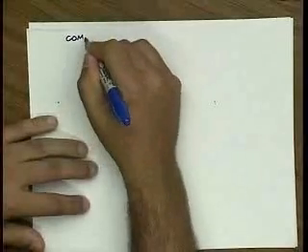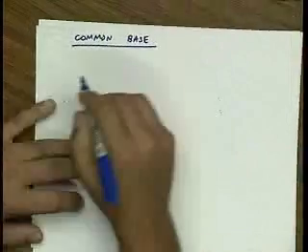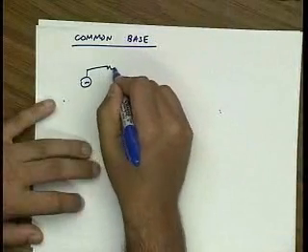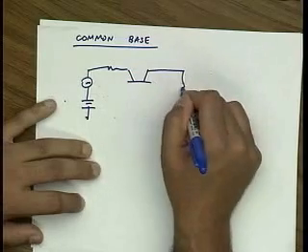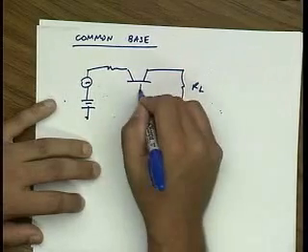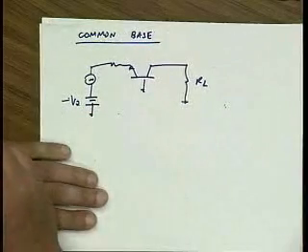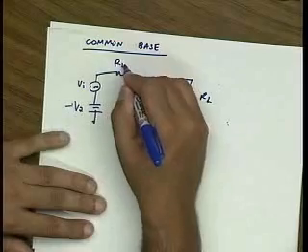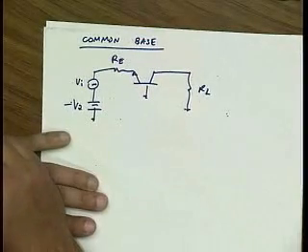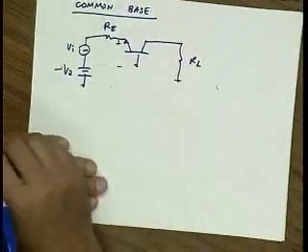All right, how about common base amplifier? Let me just assume I bias at negative here, so I can ground the base. This is RE and this is RL. This is the input voltage.